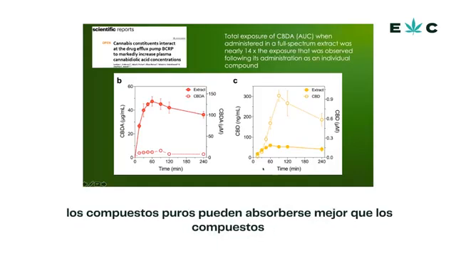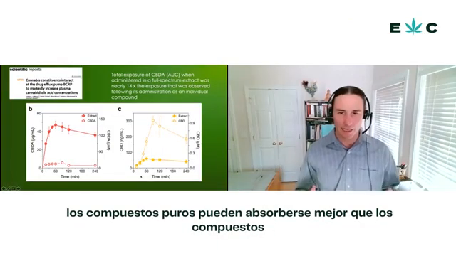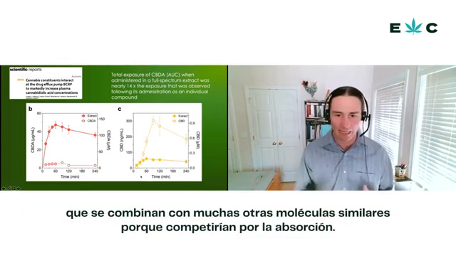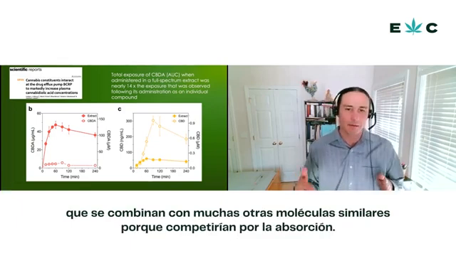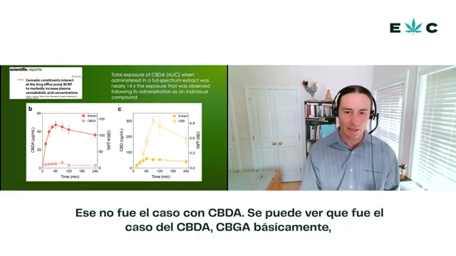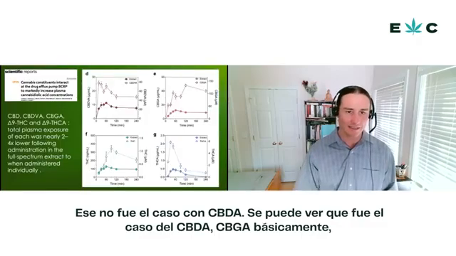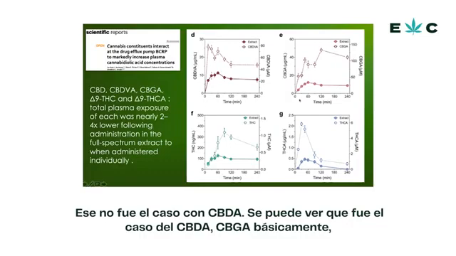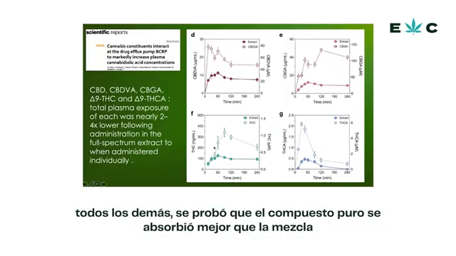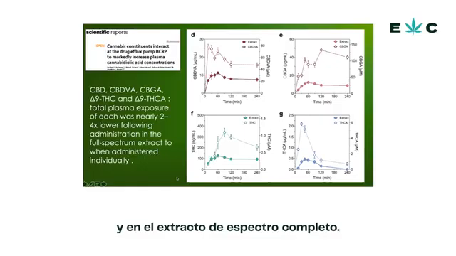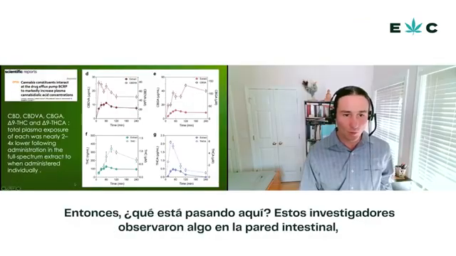Typically, pure compounds can get absorbed better than compounds that are kind of combined with many other similar molecules, because they would compete for absorption. That was not the case with CBDA. You can see that it was the case for CBDVA, CBGA, basically all the other ones they tested. The pure compound was absorbed better than the mixture and the full spectrum extract. So what's going on here?